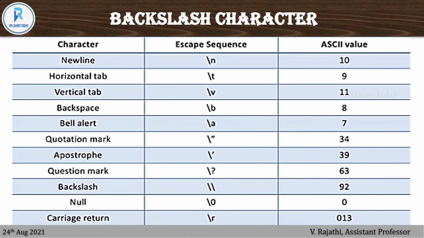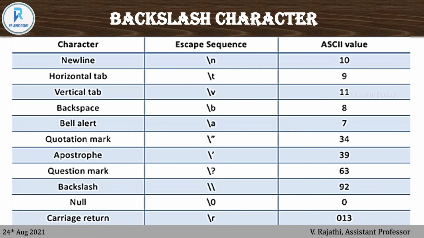So these are some backslash characters. Normally we use slash n and slash t. Slash n is for new line, slash t for horizontal tab, slash v for vertical tab, slash b for backspace, slash a for bell alert, and slash double quotes.